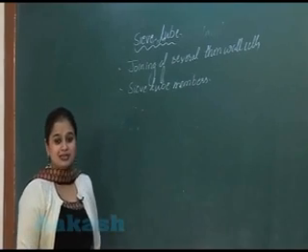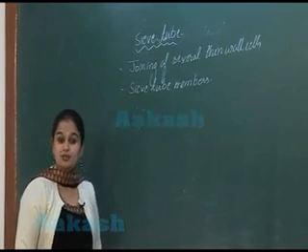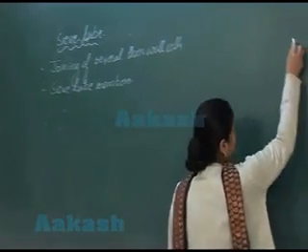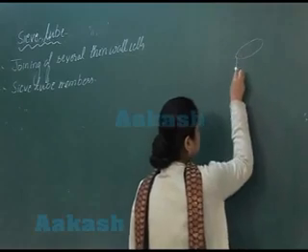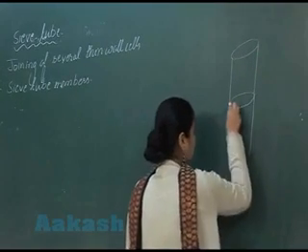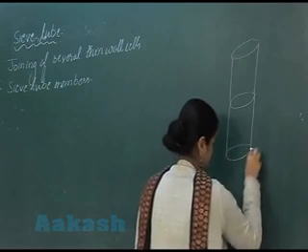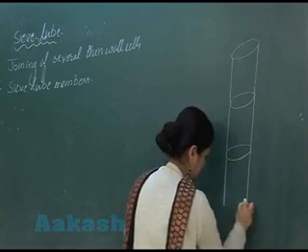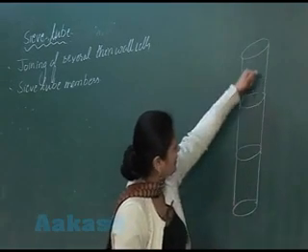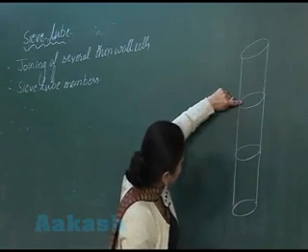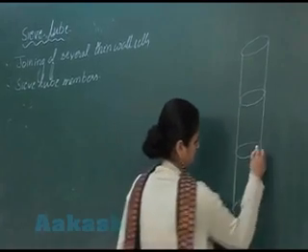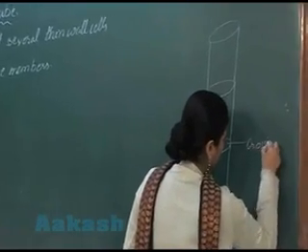So just like the vessel, the sieve tube is also formed by the fusion of several cells. So let's say this is a sieve tube formed by the union of several cells, right, which are known as sieve tube elements. So again, what is this going to represent? This is going to represent cross wall, end wall.